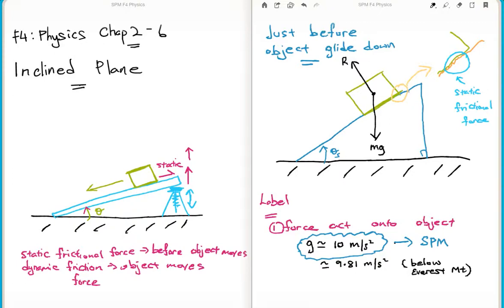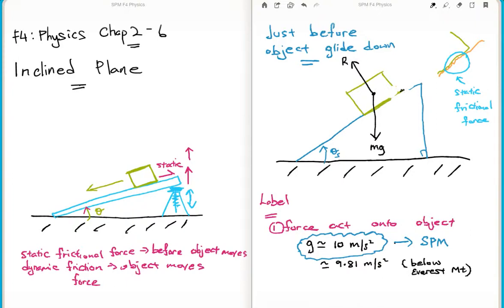Then the friction. Okay, I need to erase this, it's blocking my wheel. So here, for this object, just before it starts to glide down, there is a frictional force. I want to label it.